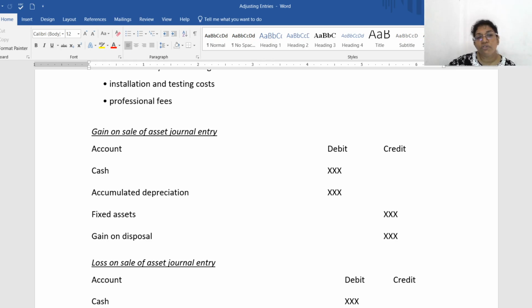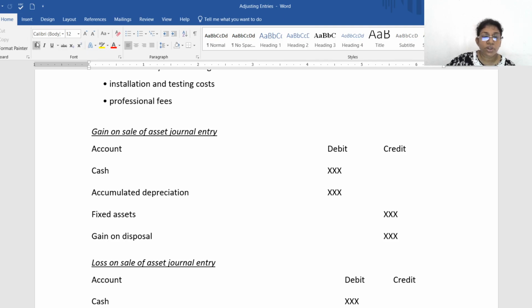Normally when we sell an asset, we receive cash. We debit the cash amount, then we charge it into the disposal account. Then the asset value based on the cost as well as the accumulated depreciation we have to transfer to the disposal account.